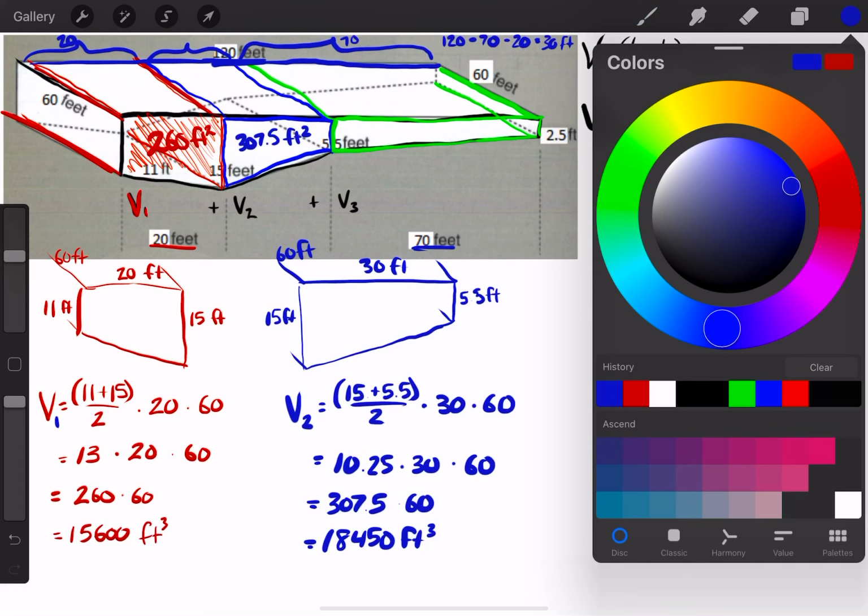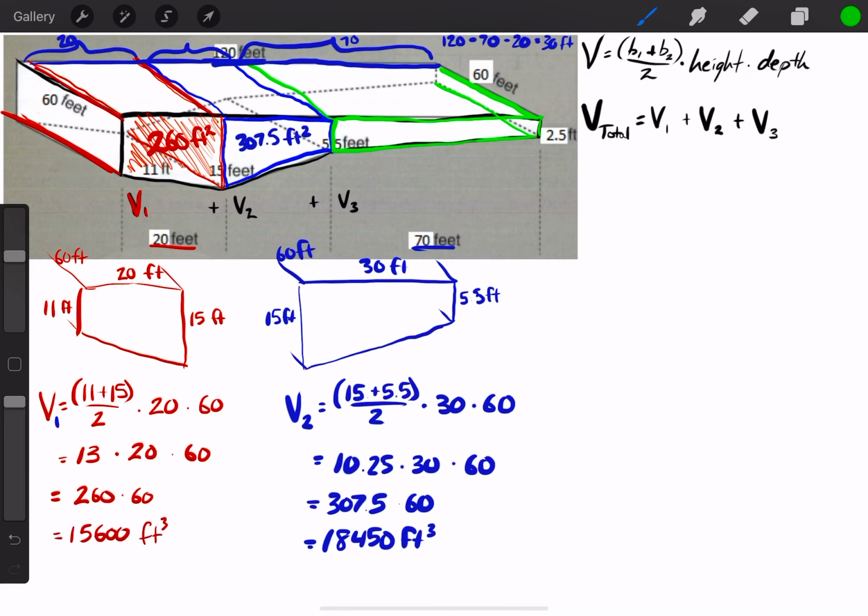And then finally, we've got our last side here. It shares that 5.5 foot edge and then slopes over a long length of 70 feet up to that shallow edge of 2.5 feet. So going back through 60 feet, we have everything set up that we need for our last calculation.